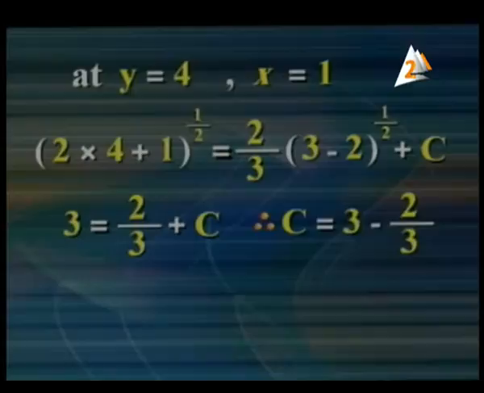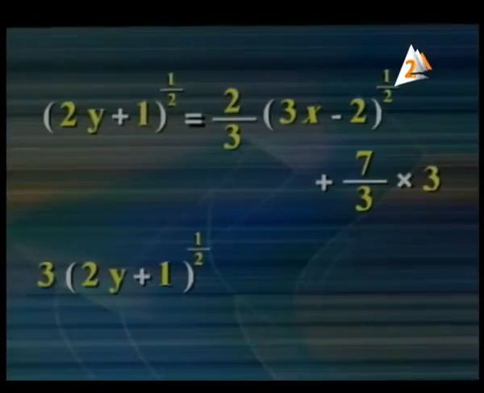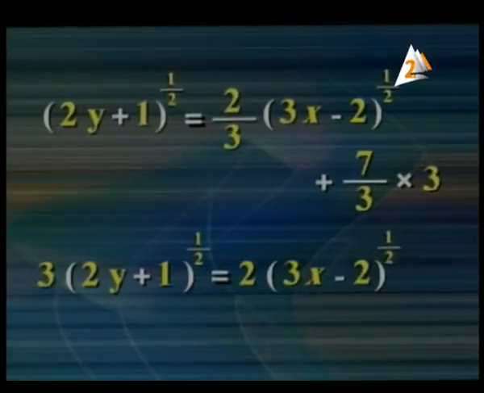C equals 3 minus 2/3 equals 7 over 3. After that, we put in the value of c. The answer is 3 multiplied by (2y plus 1) power half equals 2 multiplied by (3x minus 2) power half plus 7.